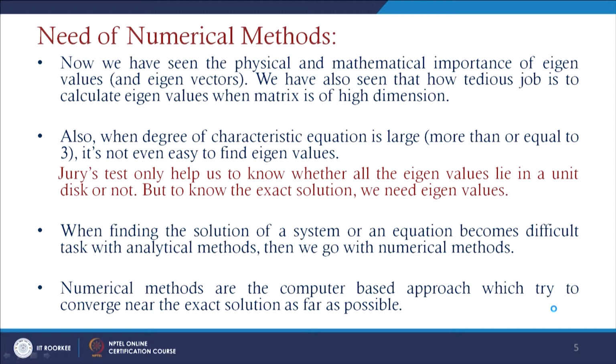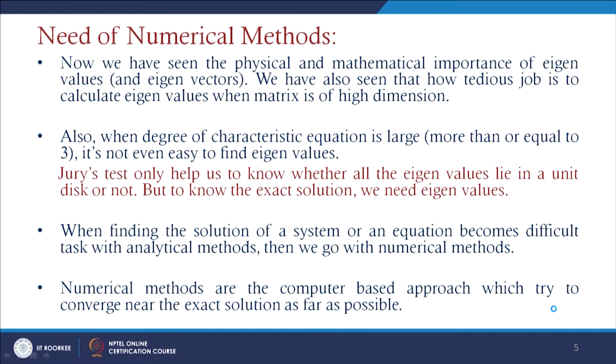So, numerical methods will provide you an approximate solution, not the exact solution, since this is associated with a certain order of negligence. Usually numerical methods are computer based approaches which try to converge near the exact solution as far as possible, since we are neglecting higher order terms by considering some aspect ratios.